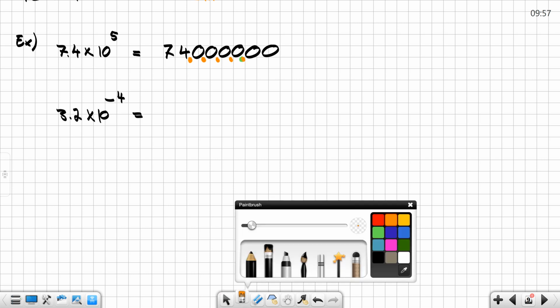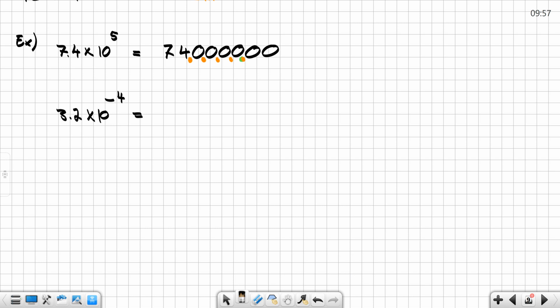And I have the number 740,000. Right here is now my decimal. Again, it moved from right here, 1, 2, 3, 4, 5 times into this position.